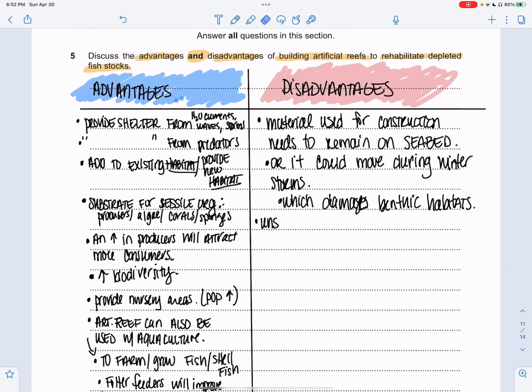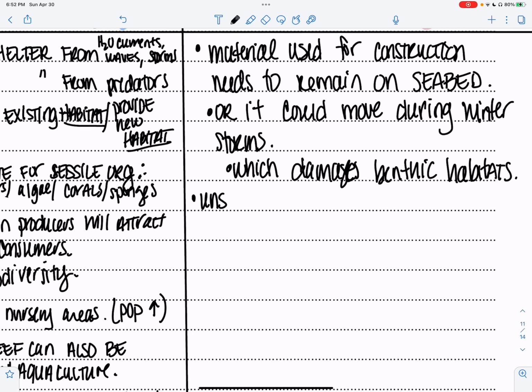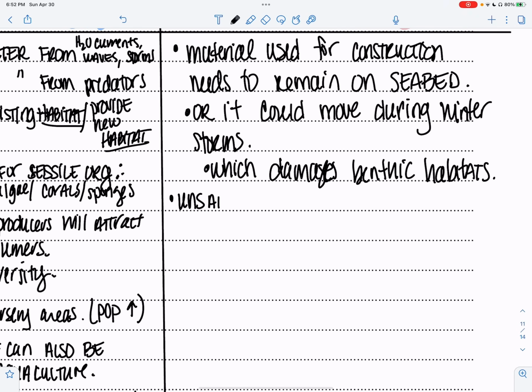Unsafe materials could be used. And those can be toxic to organisms. Give an example.